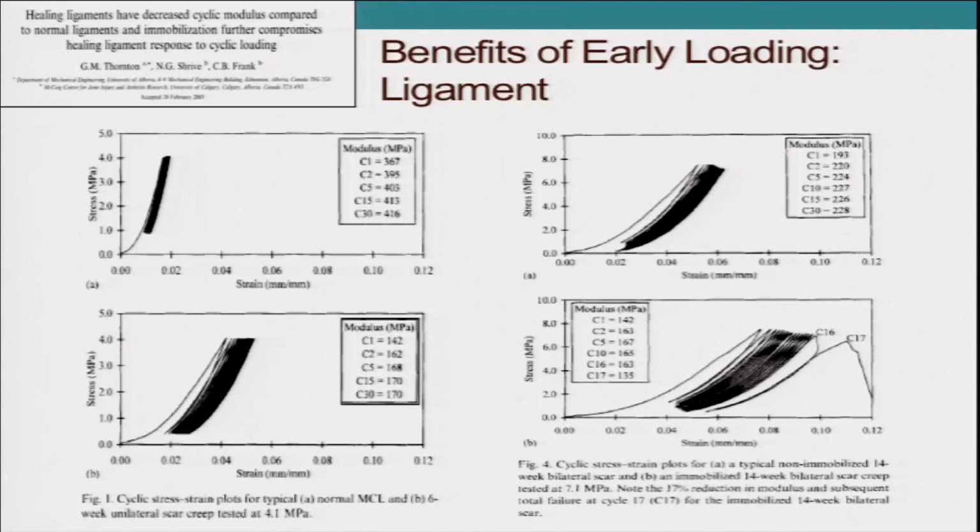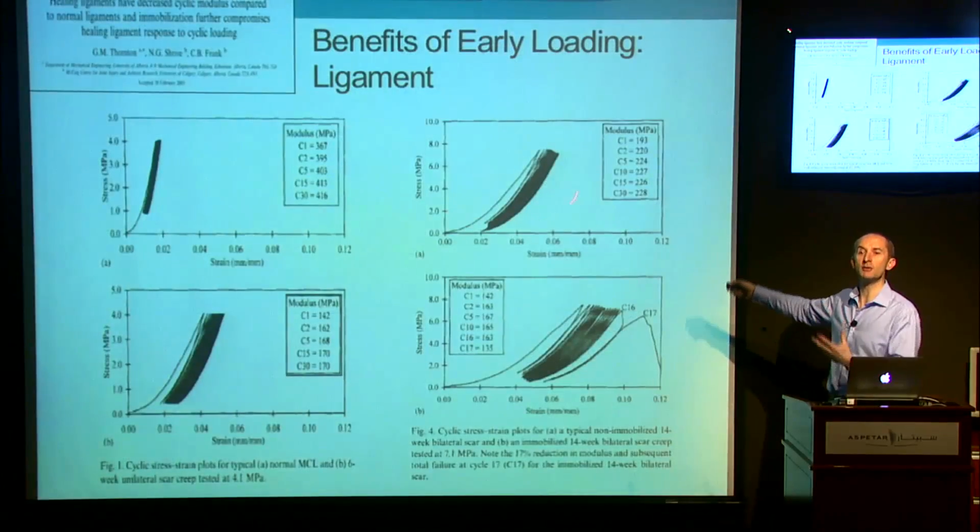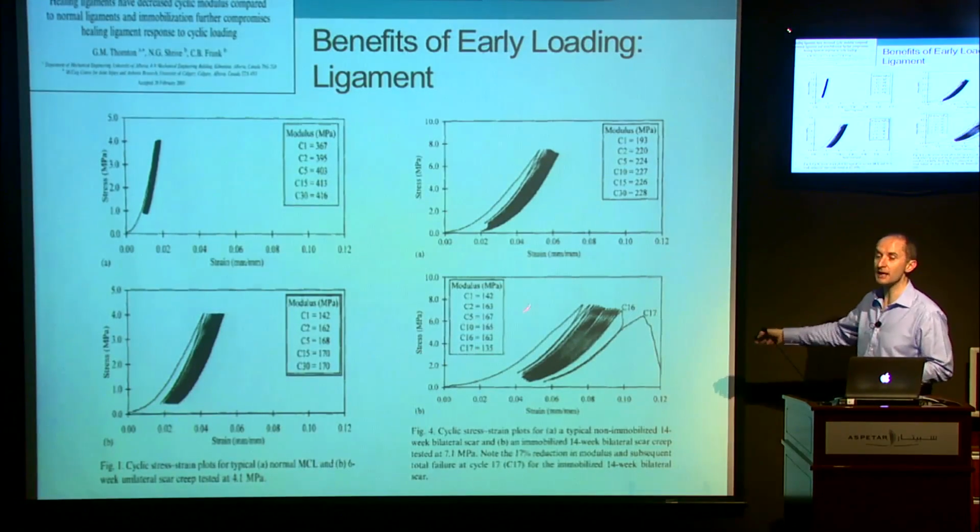In this study, they induced an injury, and in this instance we see free ambulation, so early mobilization, versus immobilization in this cyclical loading. We see for sure there's a change in the stress-strain curves following injury compared to the control or the normal group. But look at the difference, which is pretty significant, I think, between the stress-strain curve of the free early mobilization group versus the immobilized scar.